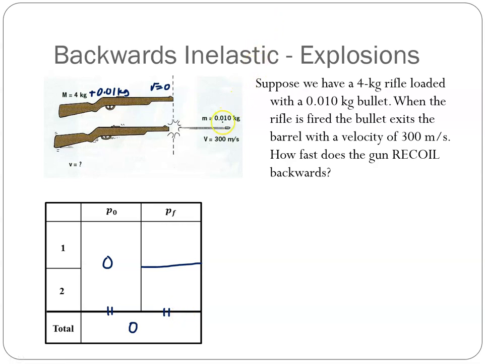So let's look at which piece we have enough information to actually solve for. Here's where we have the mass and the velocity. My momentum of this group is going to be 0.01 kilograms times 300 meters per second, which is a momentum of 3.